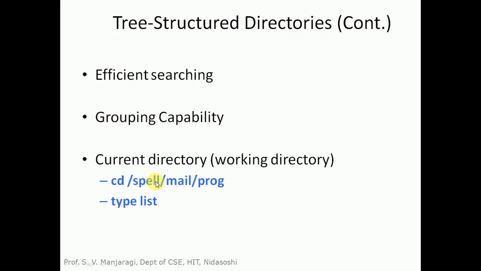So this is the path name of the particular file program. It begins with the root directory, then its subdirectory spell, mail is the subdirectory within spell, and within mail we will find the program. So cd can change the directory to program, where the user will be working, and that is called the current working directory.